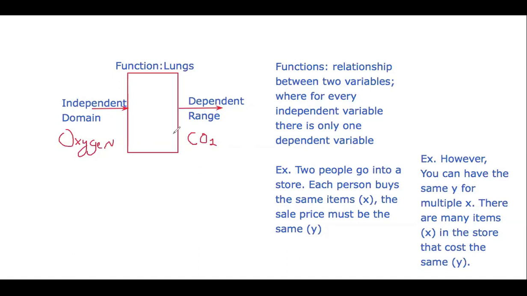The amount of carbon dioxide that comes out of our body depends on how much oxygen we breathe in. Independent is what comes in, dependent is what comes out. We also say domain is what comes in, and range is what comes out.